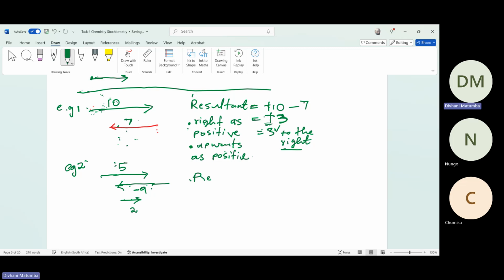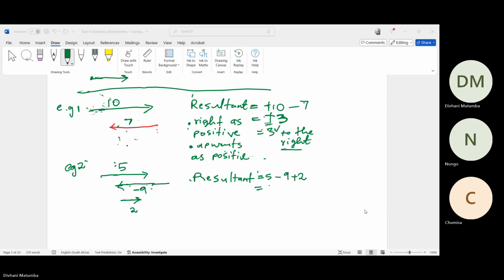Misa, what will be the resultant? Is it going to be 5 minus 9 plus 2? Let's see, 5 minus 9 plus 2, which is how much? Negative 2.